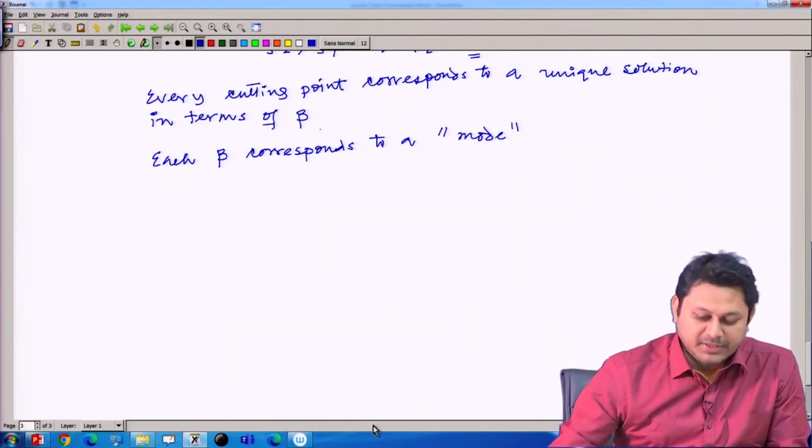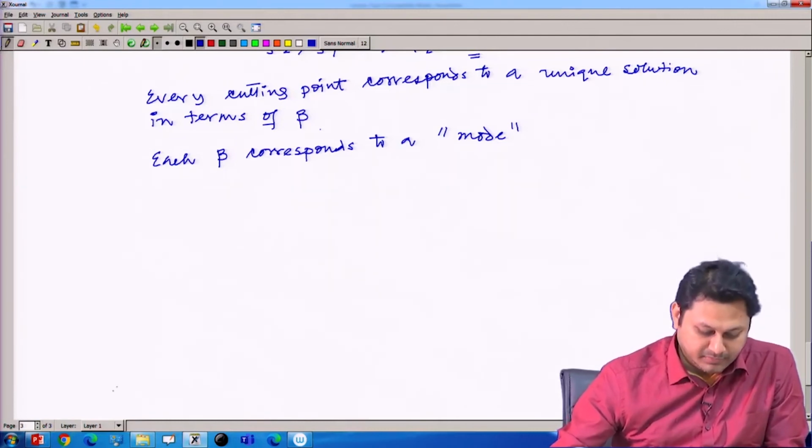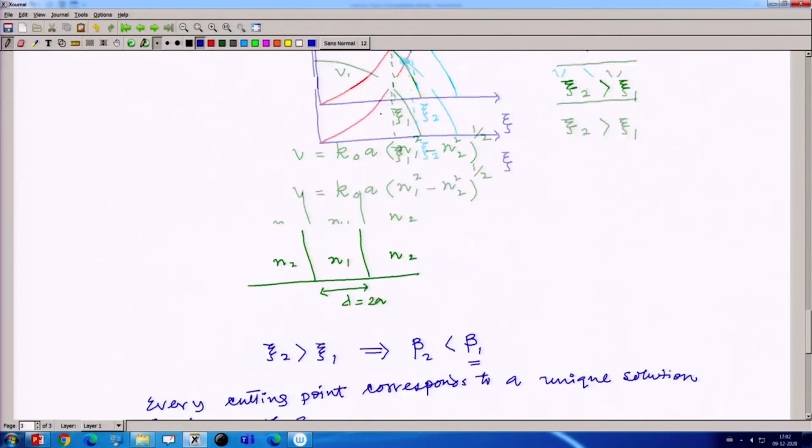So, beta is unique for a given mode. If I know what the mode is, then I can find what beta is.